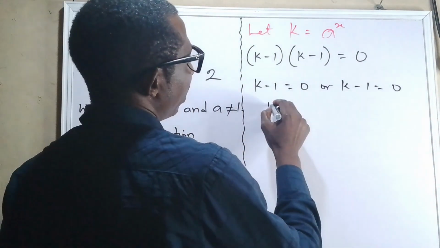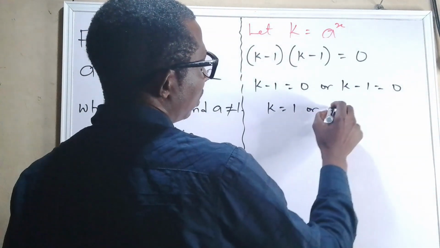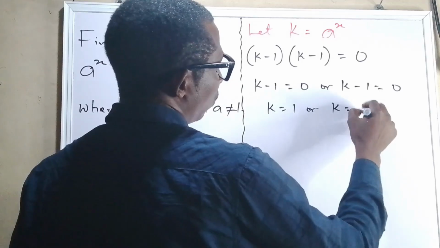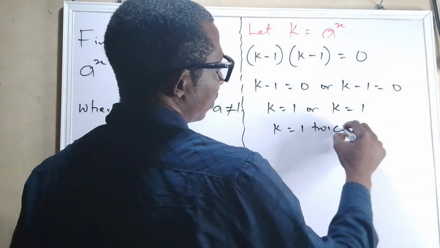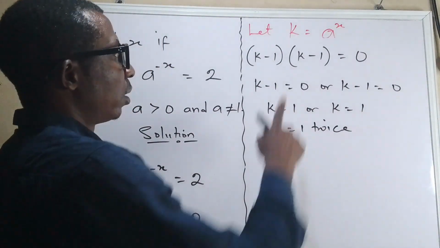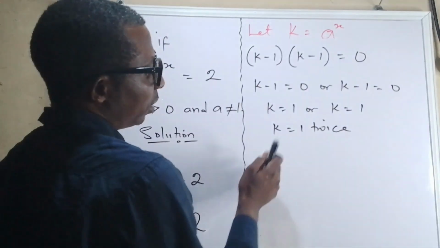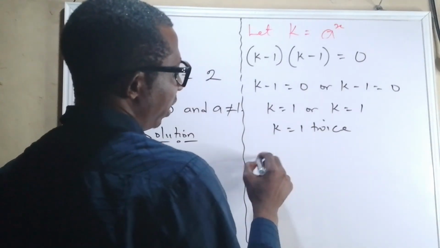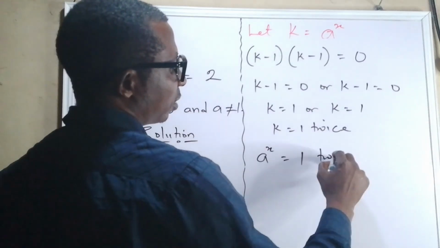So k equals 1 or k equals 1. So you can simply write k equals 1 twice. Okay? So now k is a raised to the power of x. So this turns to a raised to the power of x equals 1 twice.